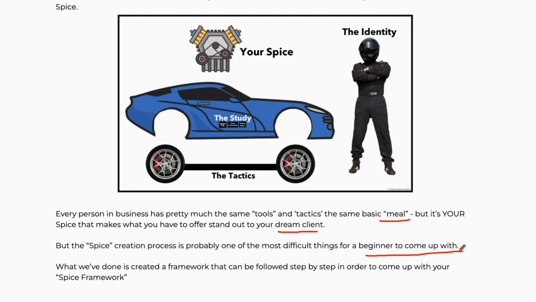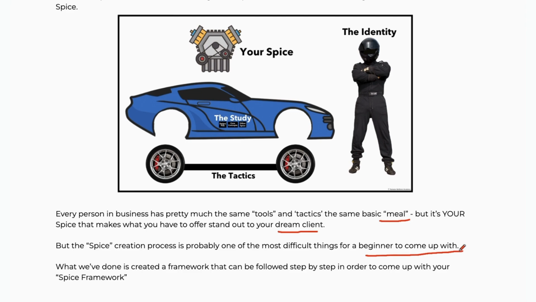In fact, the big reason why we had difficulty with previous versions of this program is that we would provide all the tactics, give the step-by-step, and show exactly what to do. We'd have a big portion of students who were successful, but the common trend that we would see with those students who were not successful was that they were missing their spice.